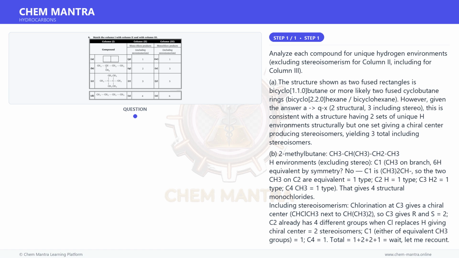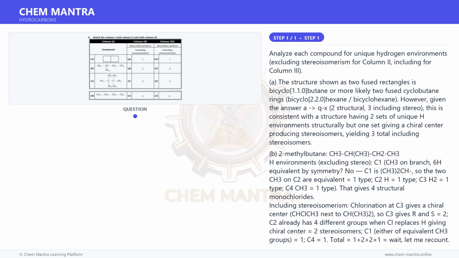So 2 structural monochlorides, Q. Including stereoisomerism, C1 chlorination, CH2ClCH2CH2CH3, no chiral center, equal to 1. C2 chlorination, CH3CHClCH2CH3, chiral center created, equal to 2, R and S. Total is 1 plus 2 equals 3, X.